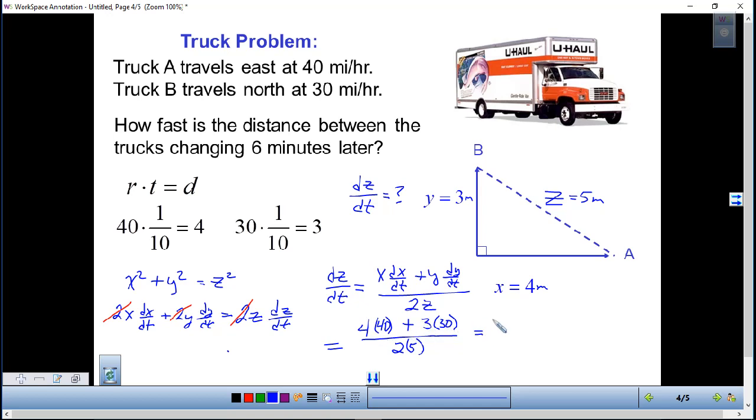So we end up with 160 plus 90 divided by 10, and that's going to give us 25.